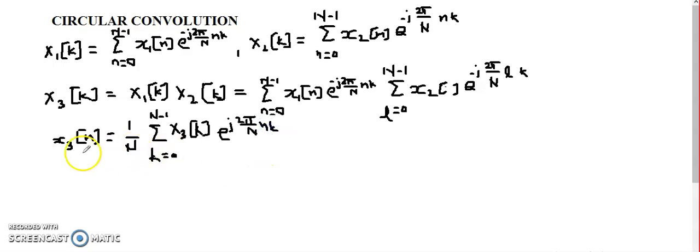Okay, this will be x3[n]. So if we substitute the value of X3[k] into this equation, then what will x3 be?